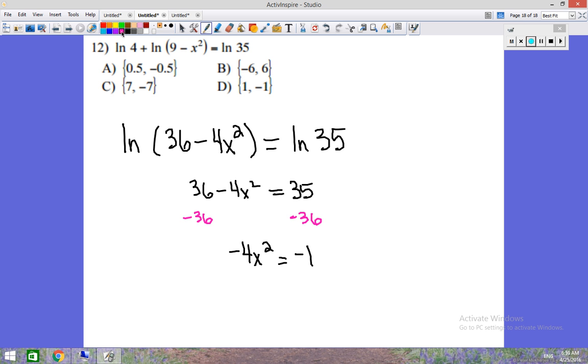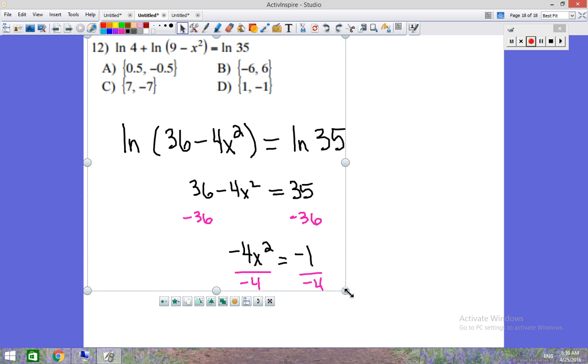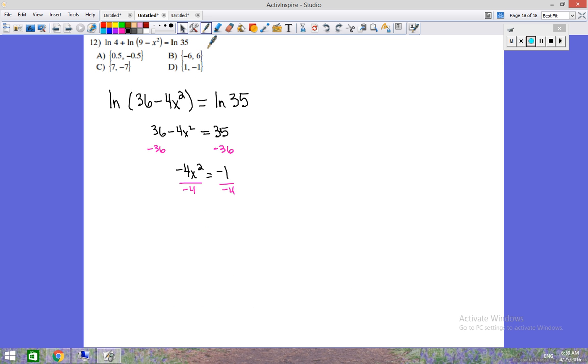And let's divide both sides by negative 4. Negative 4 divided by negative 4 is just 1. If x squared is equal to 1/4, then taking the square root of both sides, we have to introduce a plus or minus.